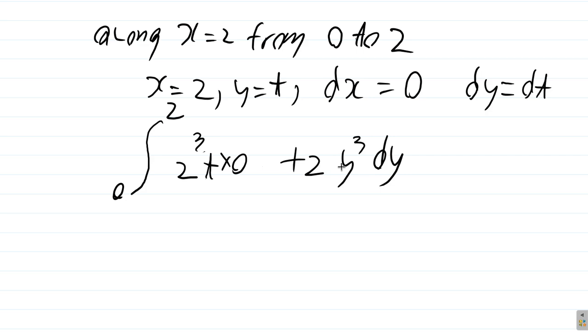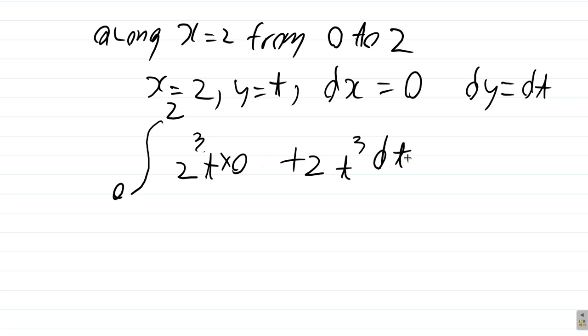But y is t, so y cubed is t cubed. And dy, we found out here, is dt. So we change dy to dt, so we have consistency throughout.